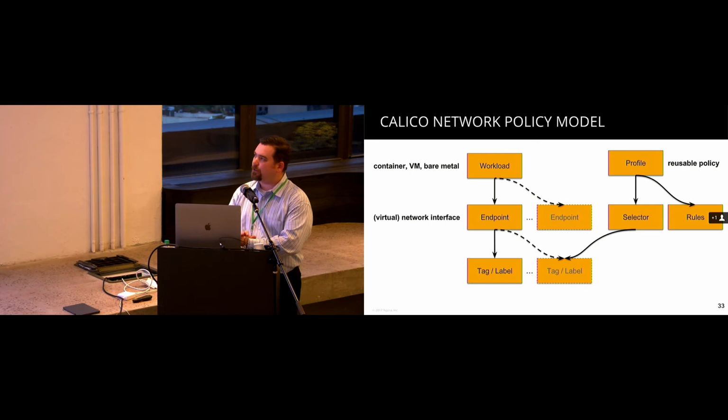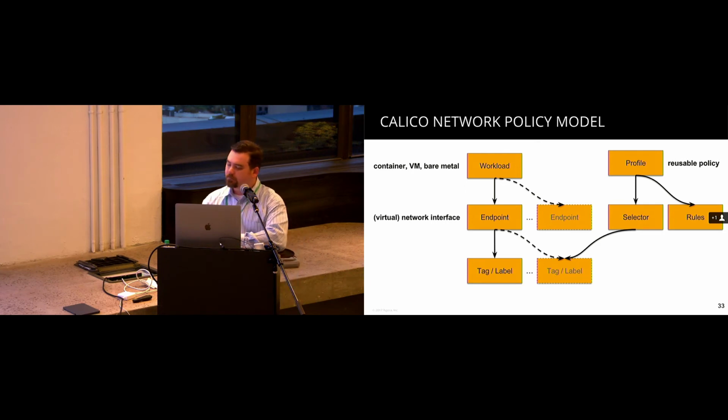So let's talk a little bit about this policy model. We have workloads that want to send traffic from one endpoint to another. What we do is we basically have two concepts of ways that we set up policy. Profiles tend to be something more static, right? So they're assigned at build time or at provisioning time, and we assign those to these static host endpoints.